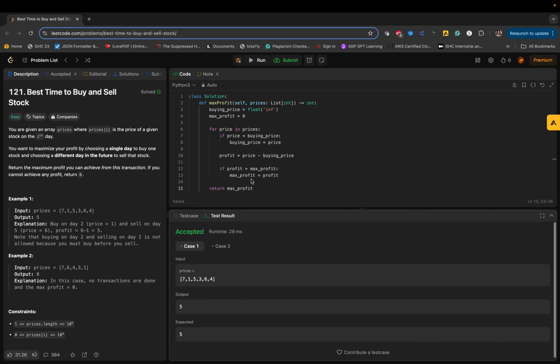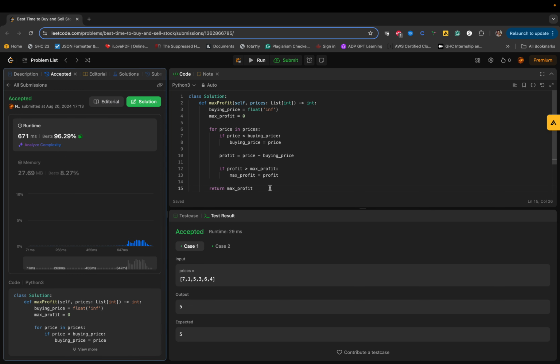You can see the two test cases are done. We'll submit. While submitting, they will run it against many more test cases, and we can see that you are beating 96.29% with a runtime of 677.